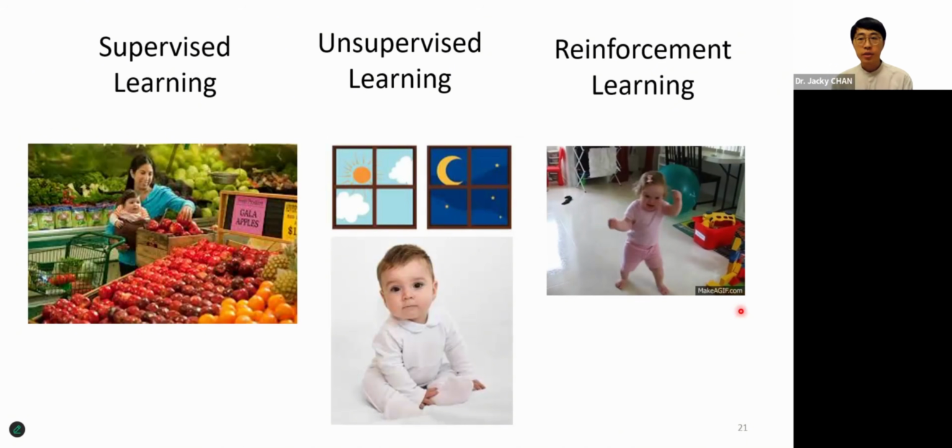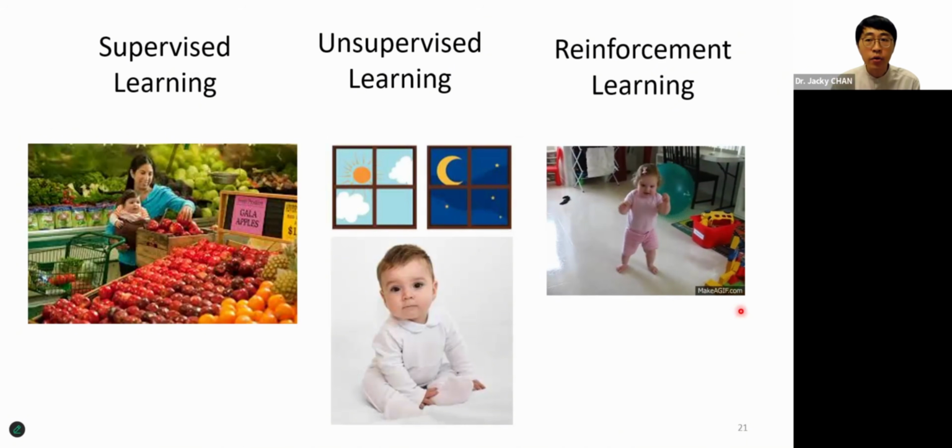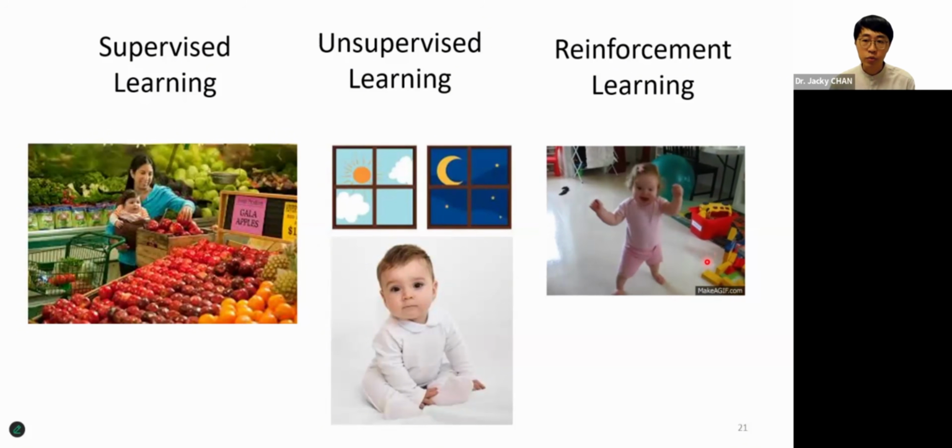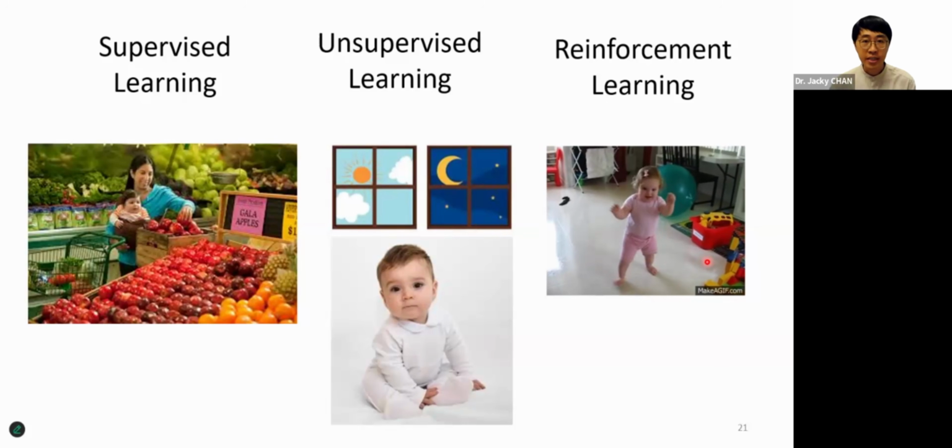There are three types, which show how humans learn. Sometimes we have supervisors, then we say supervised learning. Sometimes we have to explore by ourselves, then that's unsupervised learning. Sometimes we learn from trial and error, and that is reinforcement learning.